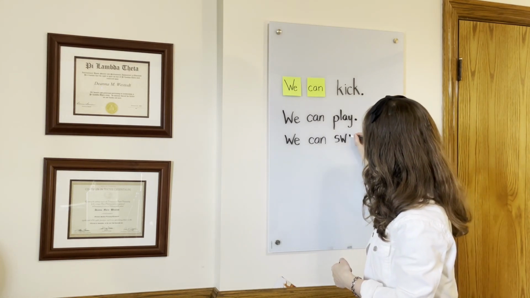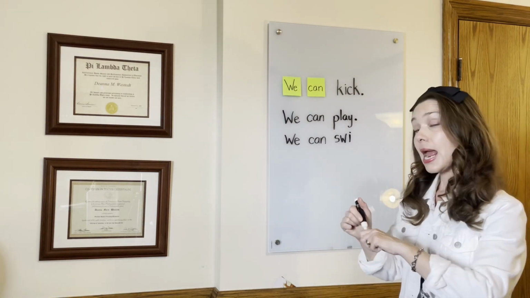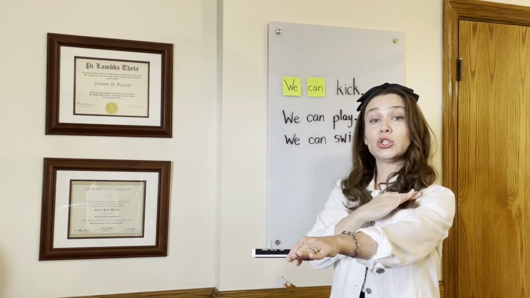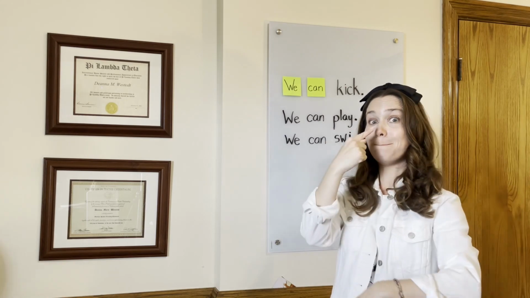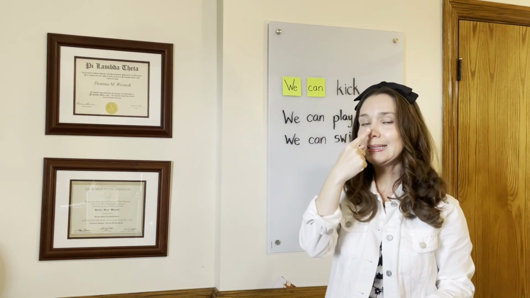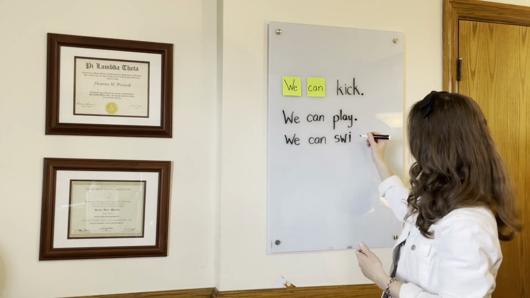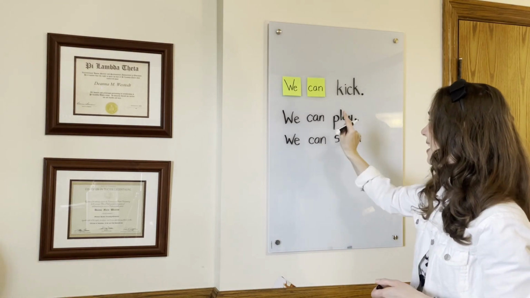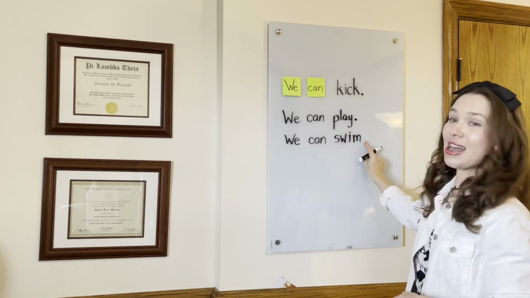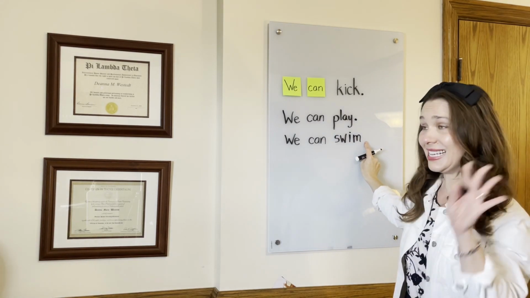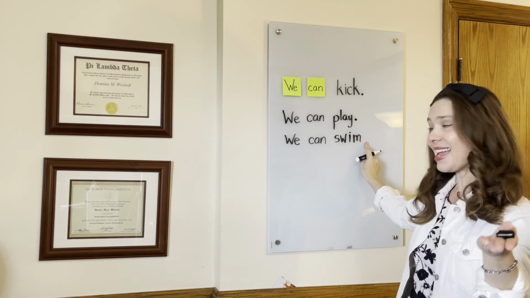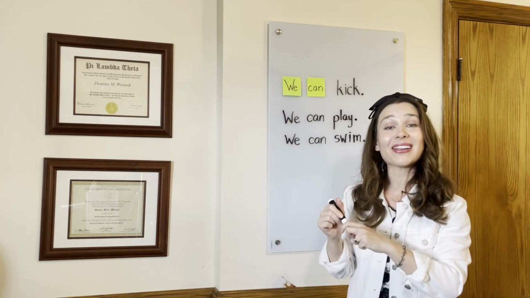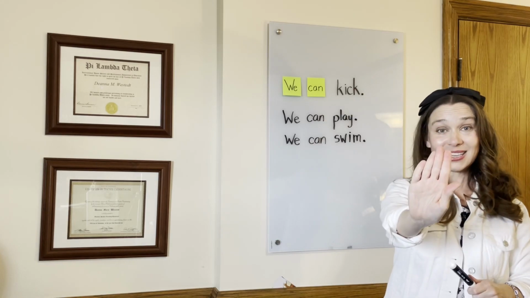Swim, I. Now I'm going to listen for my ending sound. Swim. What letter says m? If you said M, that is correct. We can swim. What am I going to put at the end of my sentence? A period. If you said period, you are absolutely correct because the period tells us to stop.